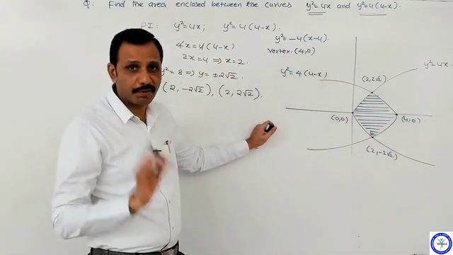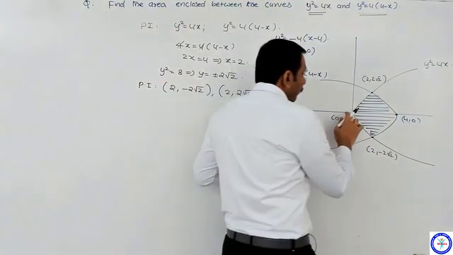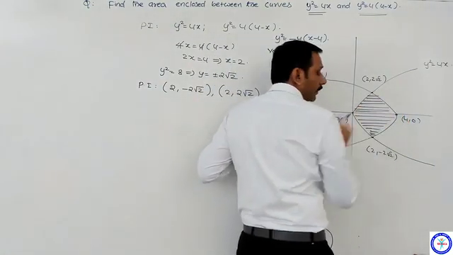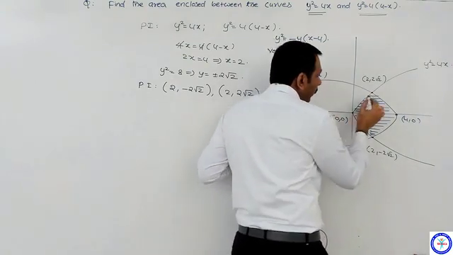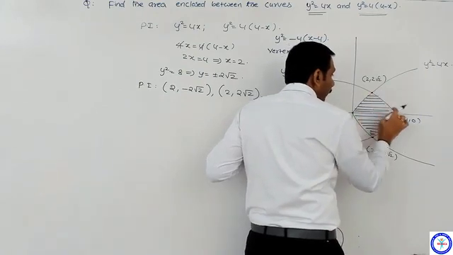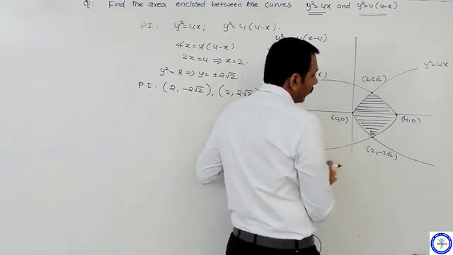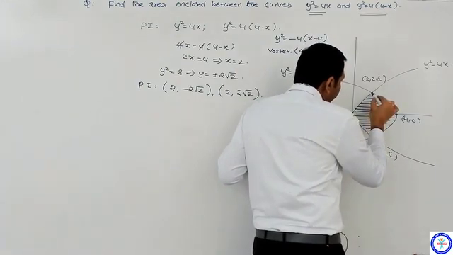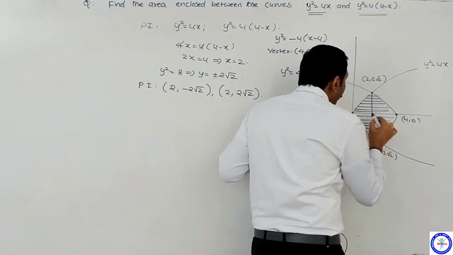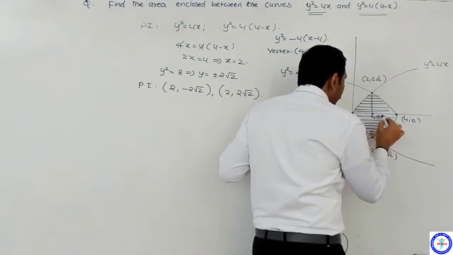But one point you observe here, from 0 to 4, this is not the single curve. Here there is a point of intersection, from here to here it is one curve and from here to here it is the other curve. So, first draw a perpendicular from that point of intersection to x axis. What is this point? It is 2, 0.